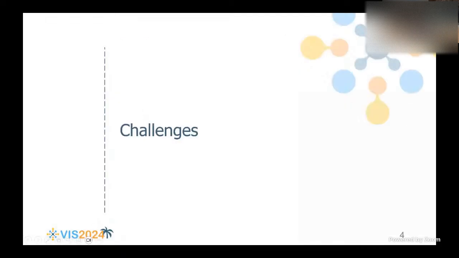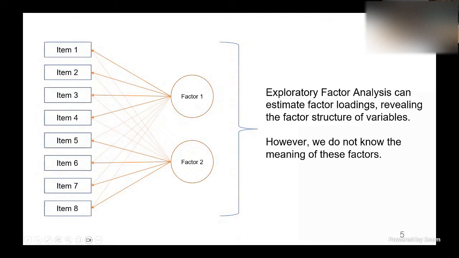There are several challenges in using factor analysis. First, when researchers want to estimate factor loadings, it's called exploratory factor analysis, revealing the factor structure of variables. However, we do not know the meaning of these factors after we conduct exploratory factor analysis.